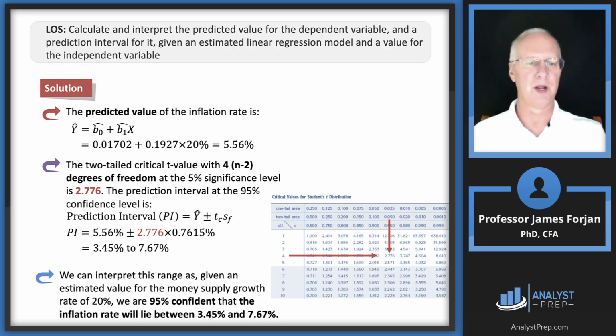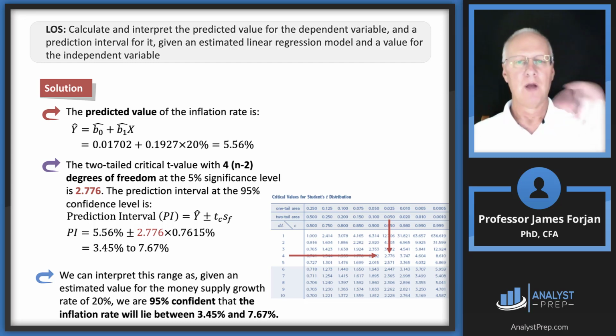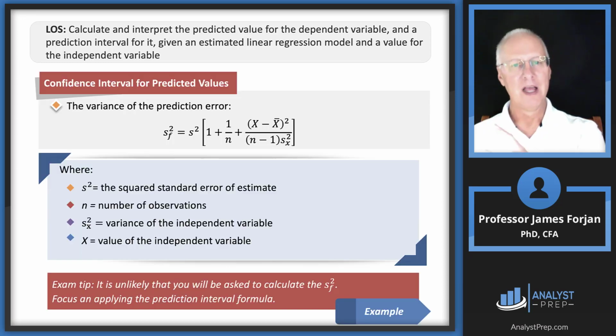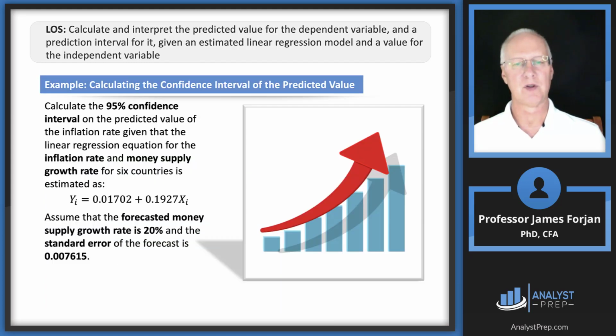So notice what we're doing here in the middle of the page. Prediction interval is 5.56. That was our predicted value, plus or minus the critical value of around 2.7 times, you ready? So we need to go back here, times this variance of the prediction error, which, cross your fingers, hopefully will be given to you in the problem.